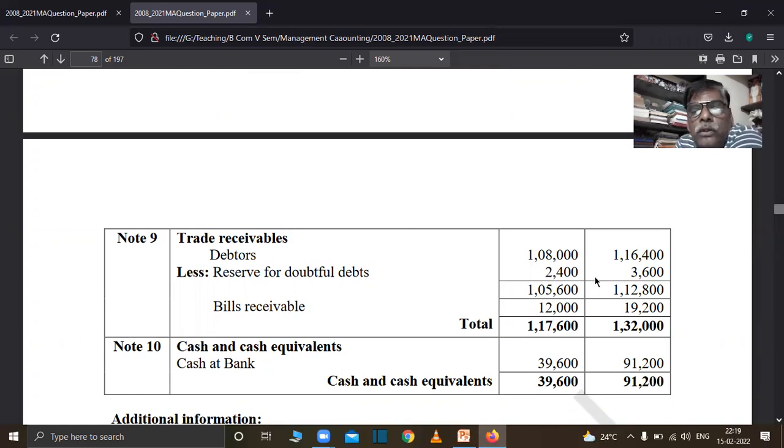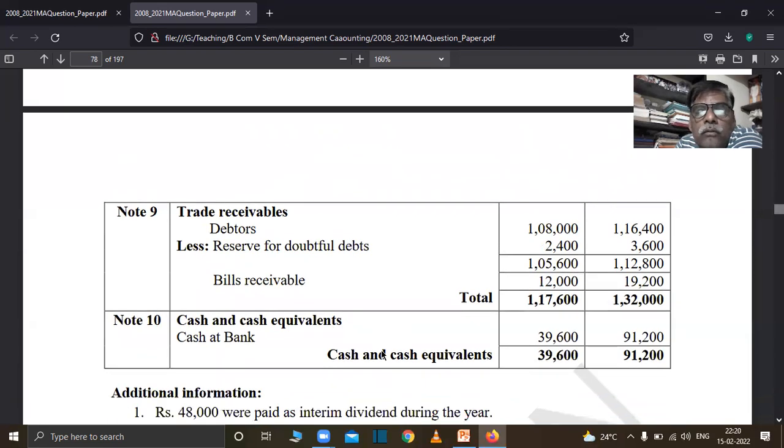Provision for doubtful debt you take in the current liability schedule of changes in working capital. Under the current liability you take, there is an increase of 1,200. You take this one in the decrease column. Bills receivable increase is there, take in the increase column. Cash at bank increase is there, you take in the increase column.